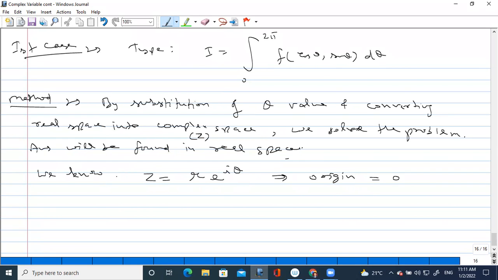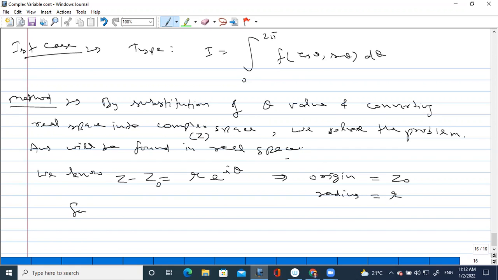Actually, we know the universal formula: if it is z minus z0 is equal to r e to the power i theta, this type of thing is there. So then your origin will be z0. Origin will be z0 and radius will be r. So this type of information you will have from this equation.